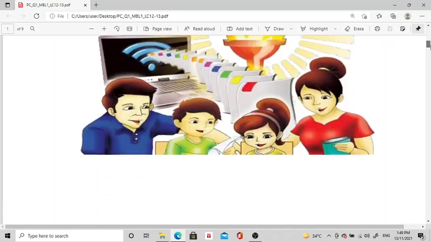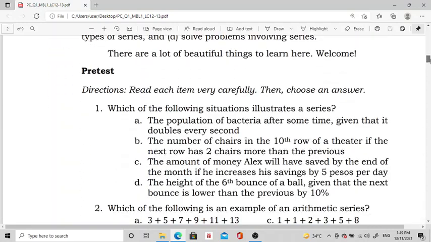And we'll begin by answering this pretest item. Which of the following situations illustrates a series? Letter A, the population of bacteria after some time, given that it doubles every second. B, the number of chairs in the 10th row of a theater if the next row has 2 chairs more than the previous.